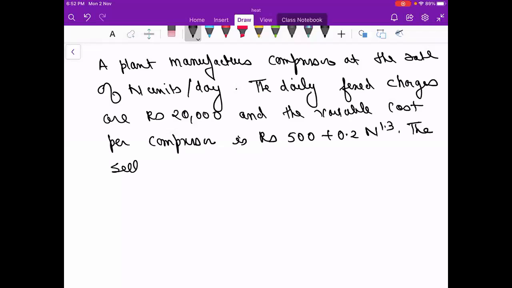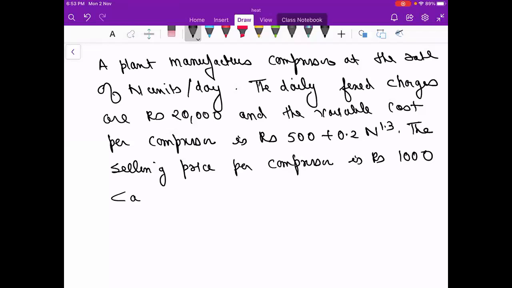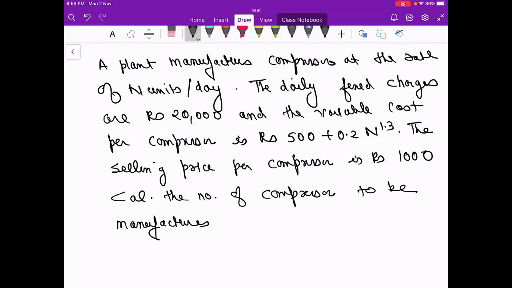The selling price per compressor is rupees 1000. Calculate the number of compressors to be manufactured in order to maximize the daily profit.